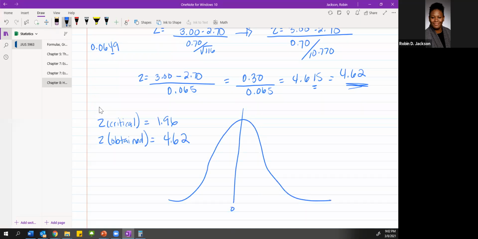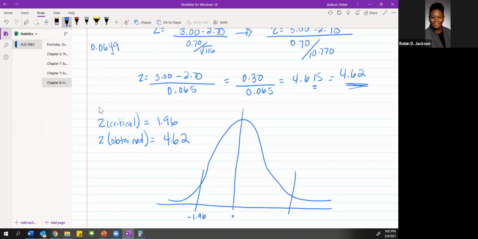So when I draw it out, that's a little rough looking, but you guys get the point. This is my negative 1.96.